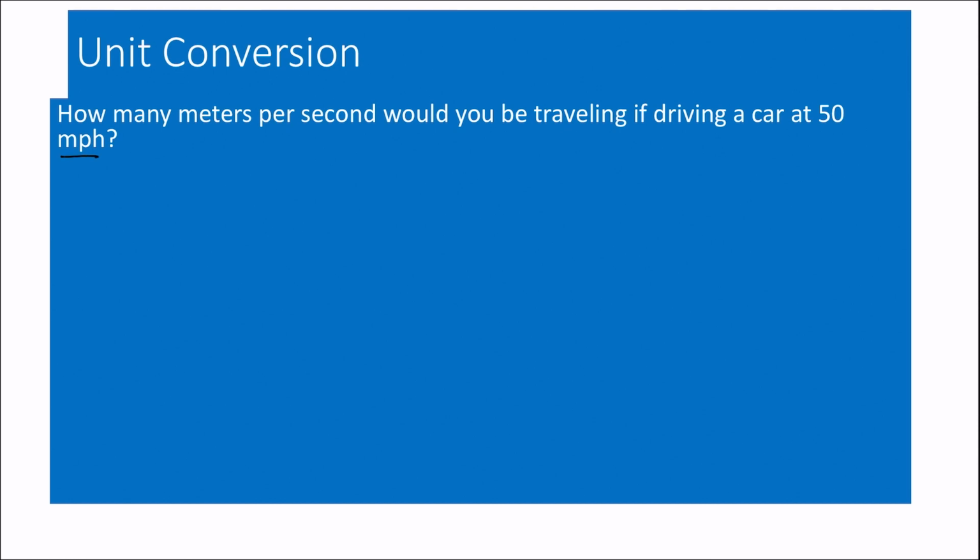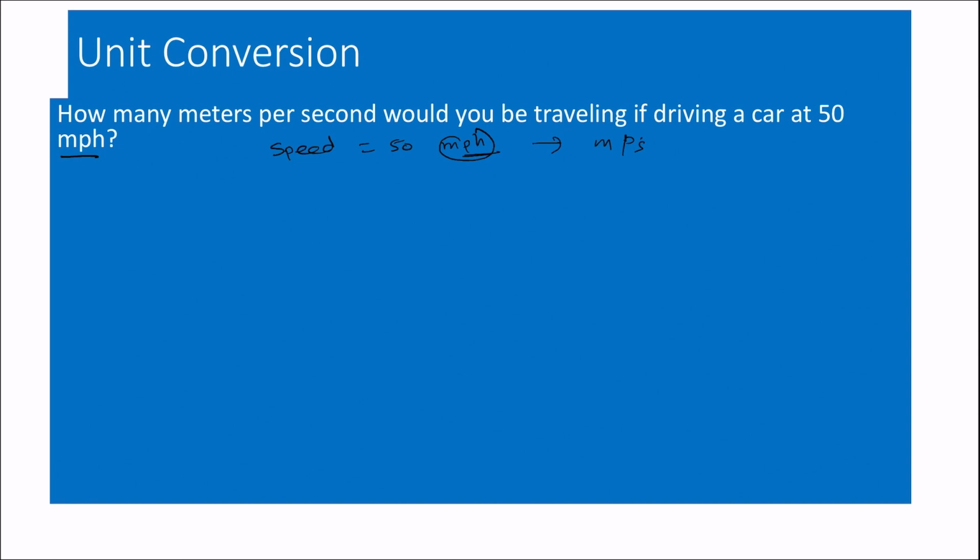We will be discussing speed. You have to convert into meters per second, because in the SI system the unit of length is meter and the unit of time is second. So meters per second, you need to find that.